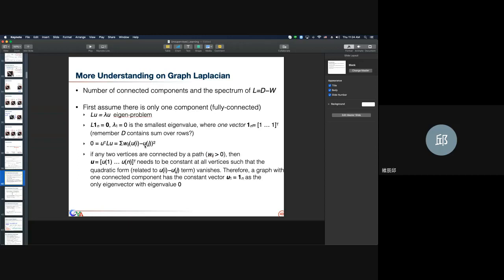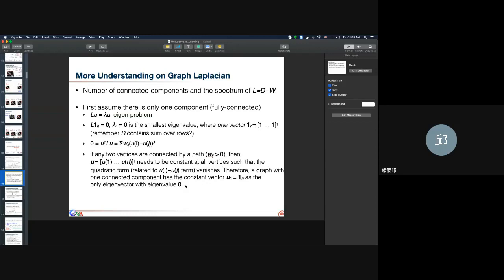So that means for all the Ui and Uj, Ui minus Uj should be equal to 0, and that means all the elements in this U vector are equal to each other. So therefore, a graph with one connected component has the constant vector as the only eigenvector with eigenvalue 0.